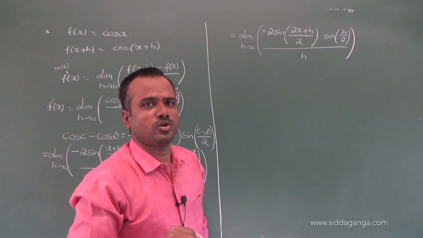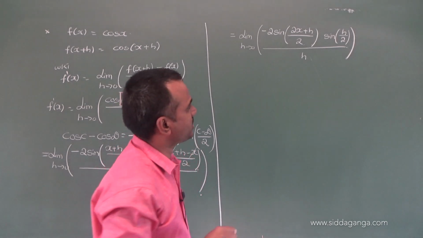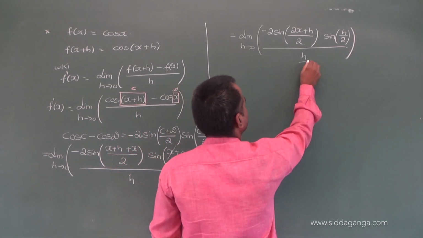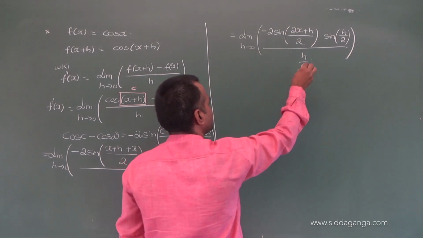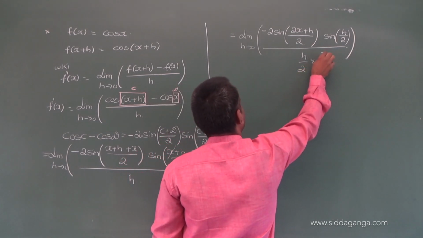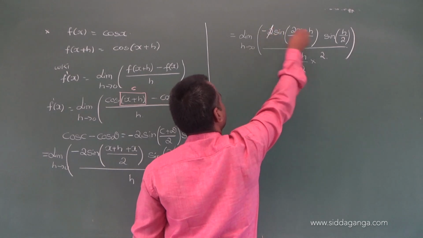Sine h by 2 whole divided by what? It is h. For that, what do I do? Same procedure I followed in sin x: multiply and divide by 2.